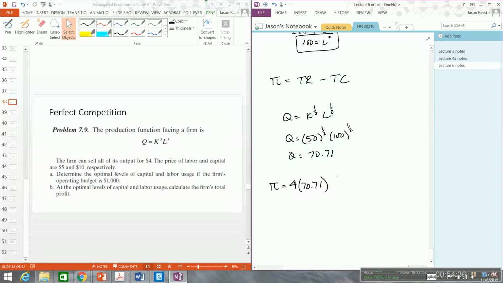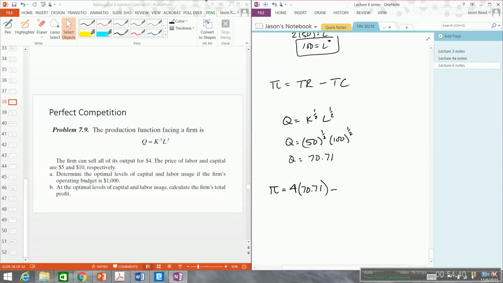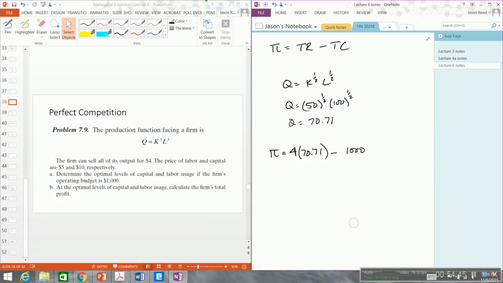Okay, so now we have profit is equal to 4 times 70.71 minus the cost of producing. So essentially we know the cost is going to be, the operating budget is going to be 1,000. We could have also put this in.